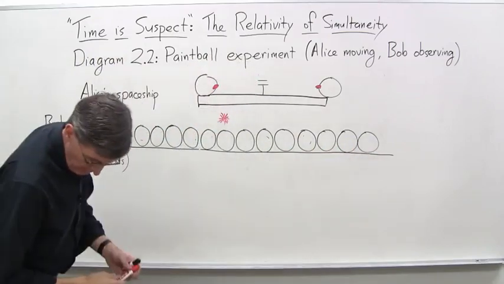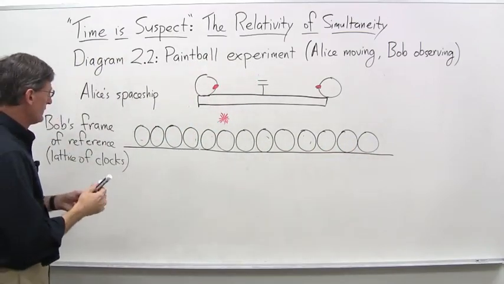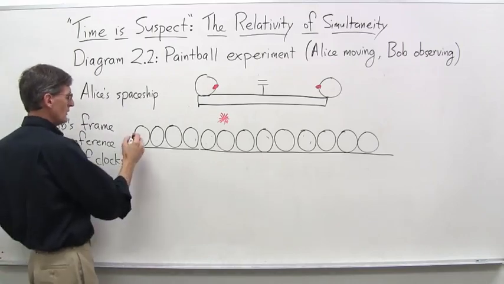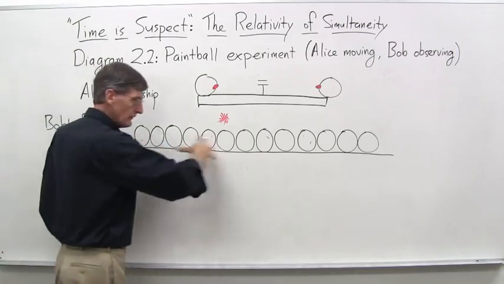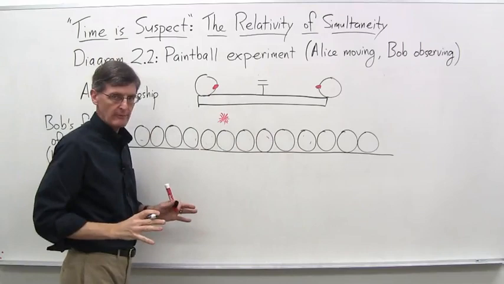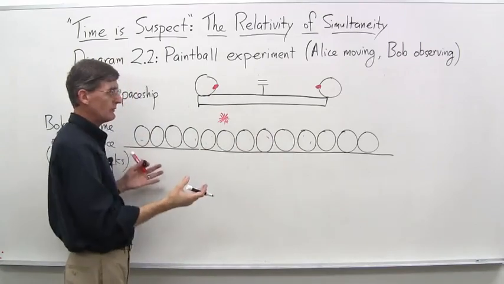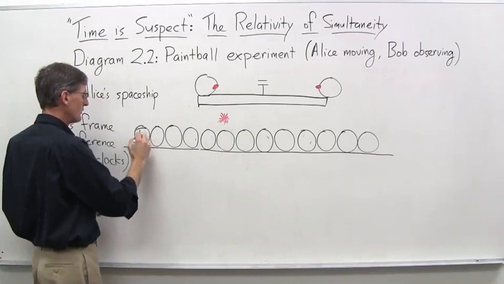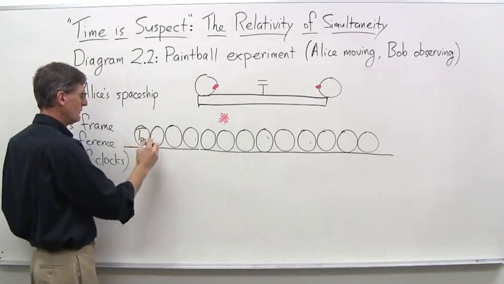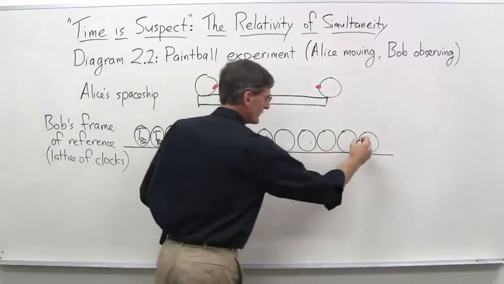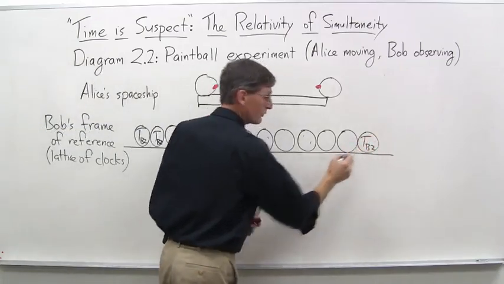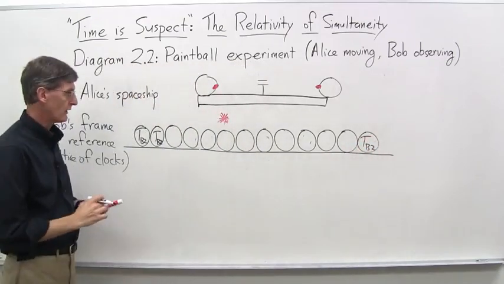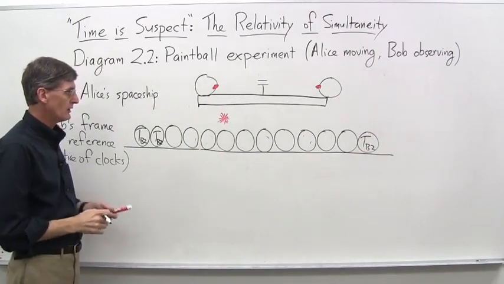In the intermediate position, when they were in transit, that might have been TB1. Now when they've hit, we'll call that TB2. So all Bob's clocks will read TB2. We won't write all of them in there, but they all read the same thing because, of course, Bob's clocks are synchronized as far as he's concerned.